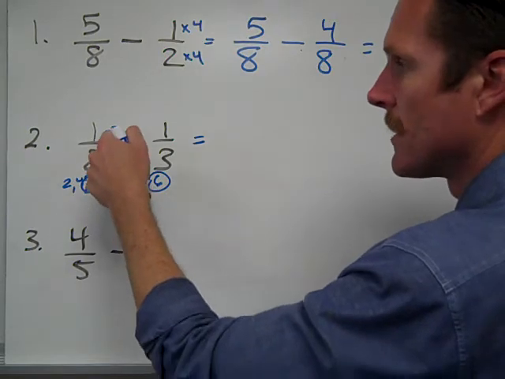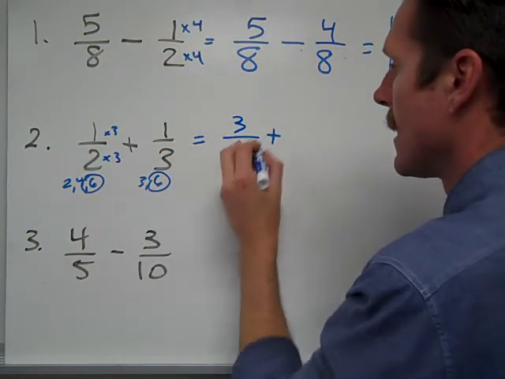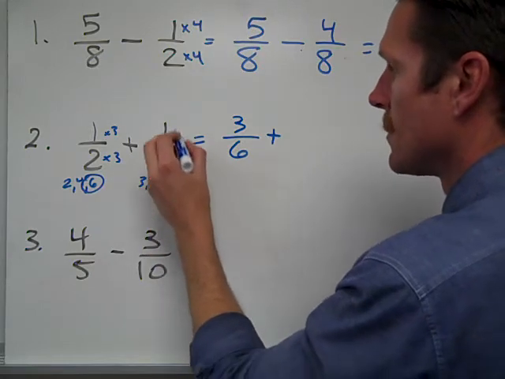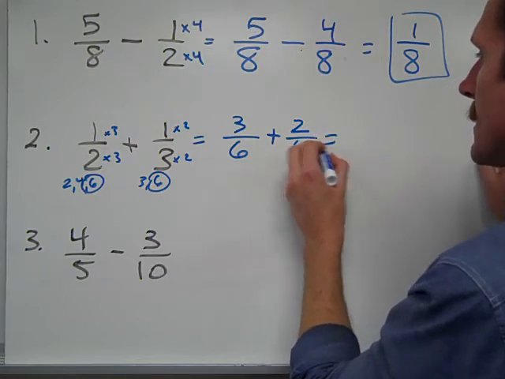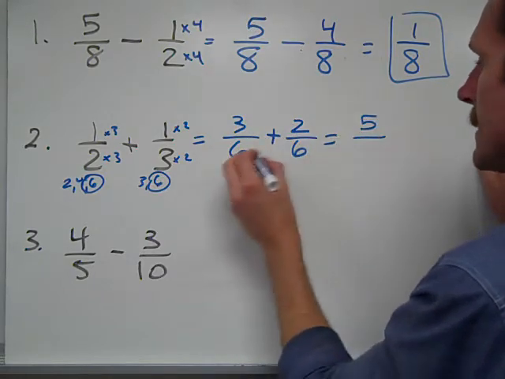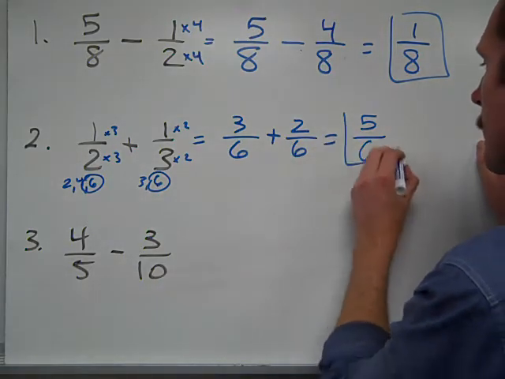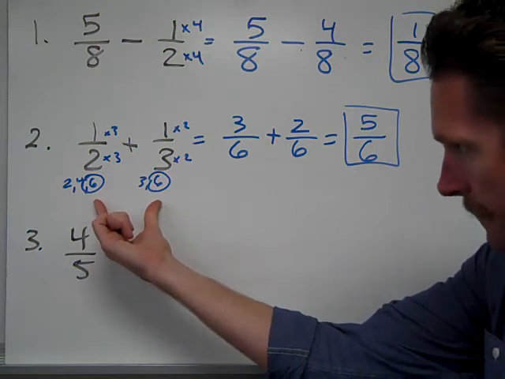And whatever I do to the denominator, I do to the numerator as well. So we're going to have 3/6, plus 2/6, 3 times 2, and 1 times 2. So 3/6 plus 2/6 equals 3 plus 2 is 5. Denominator stays the same.